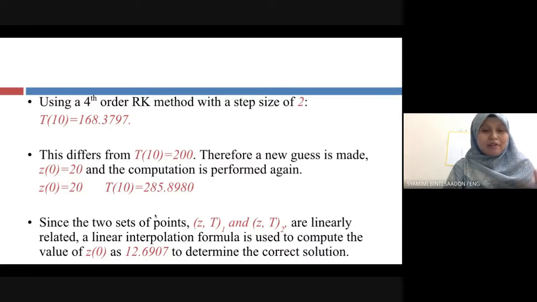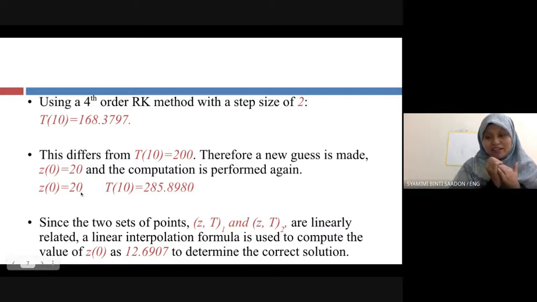Since the two options, Z0 equals 10 and Z0 equals 20, are assumed to be linearly related, a linear interpolation formula is used to compute the value of Z0 to determine the correct solution. It means that we assume this Z equation is linear.